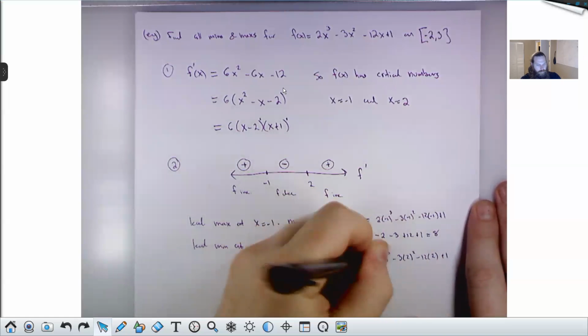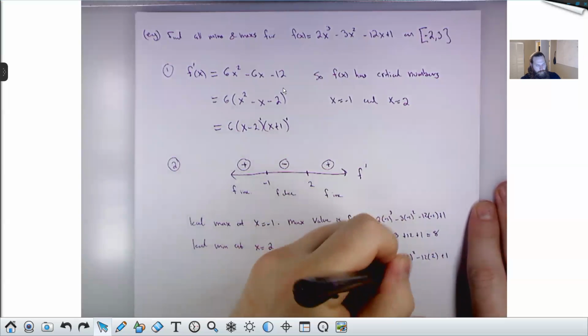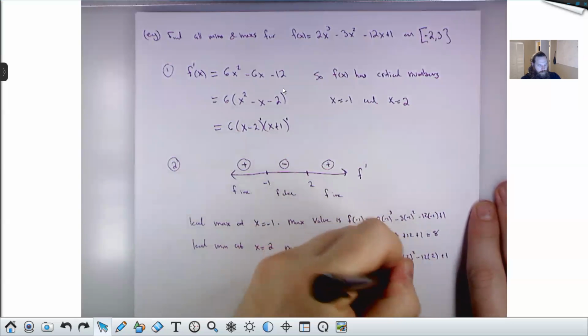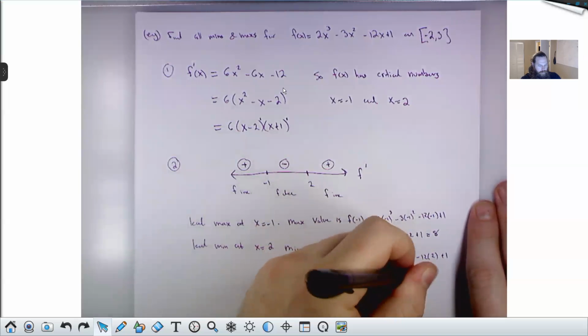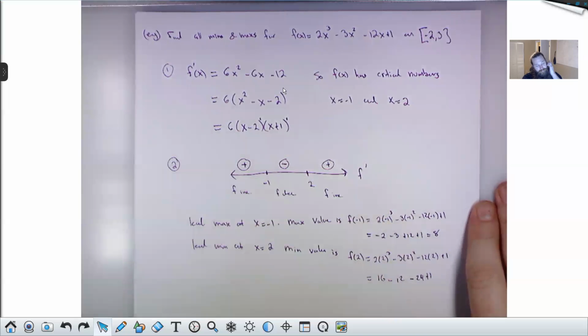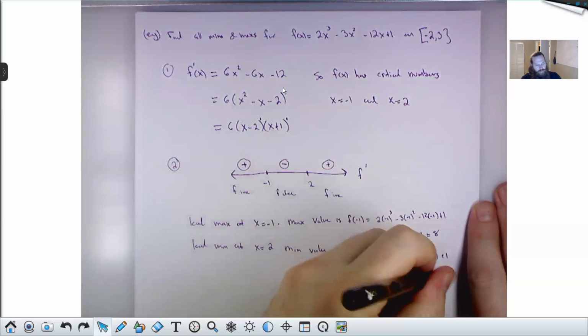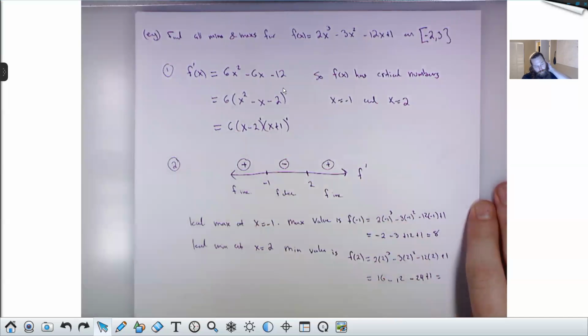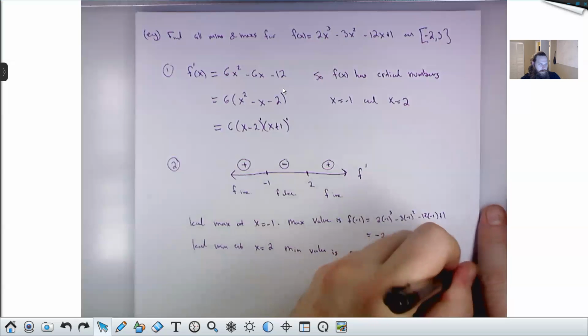That's 16, 2 times 8, minus 12 minus 24 plus 1. So 16 minus 12, that's +4. Minus 24, that's -20. -20 plus 1 is -19.